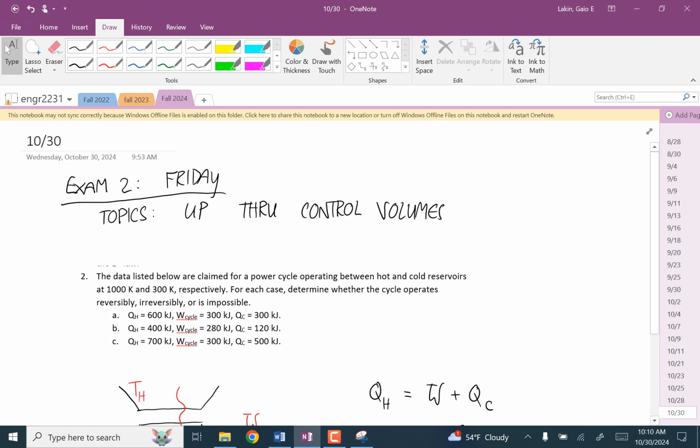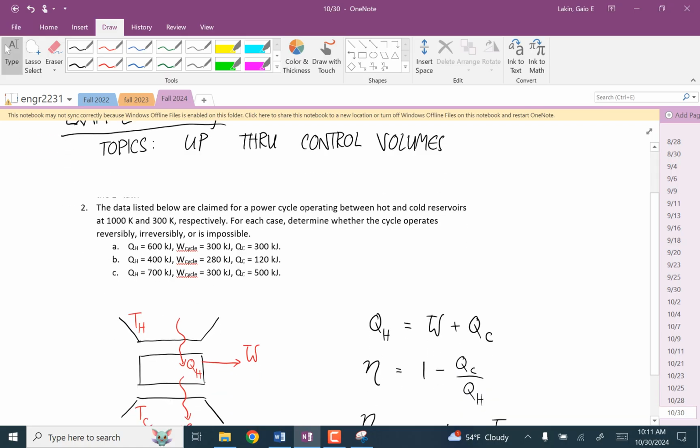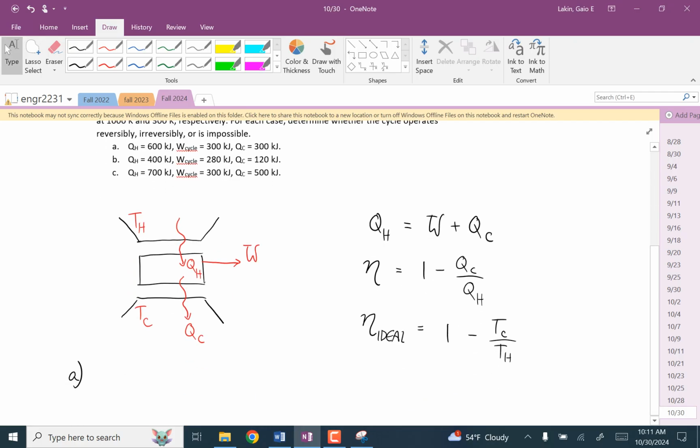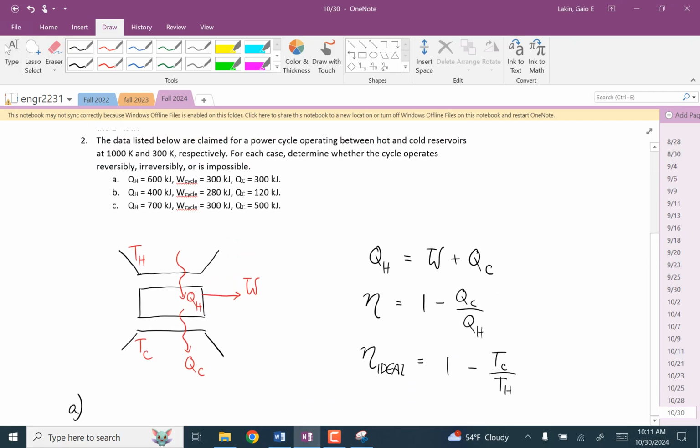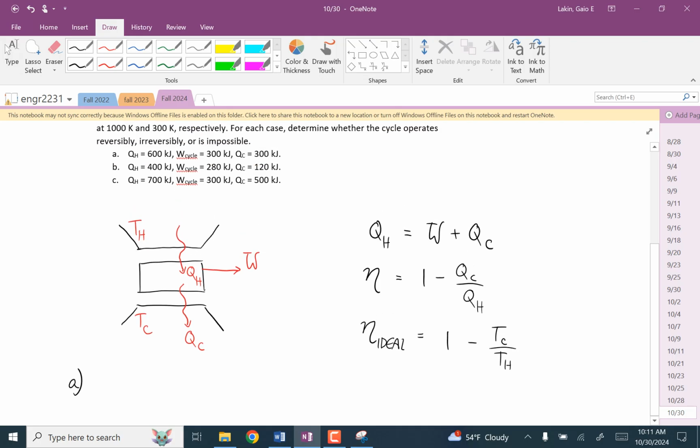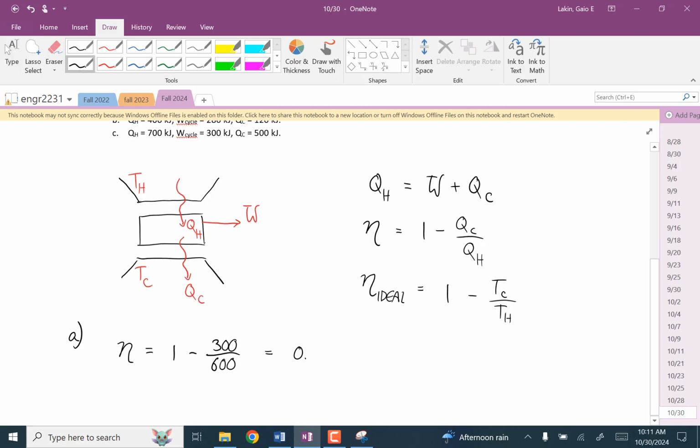For these problems, it's not asking you to think about that stuff yet. This is a step before you start thinking about the integral definition of the Clausius inequality and the definition of entropy. So for part A, the efficiency of this cycle is 1 minus 300 over 600, which is 0.5.